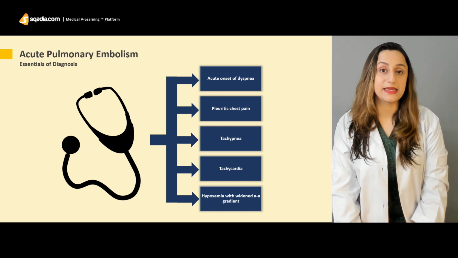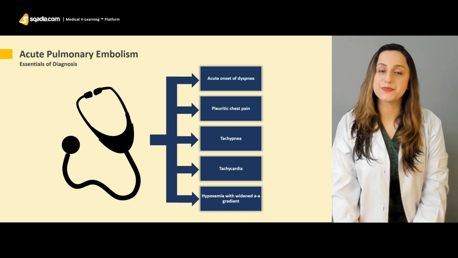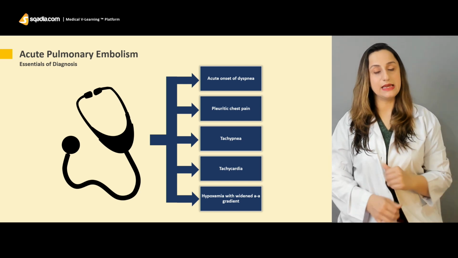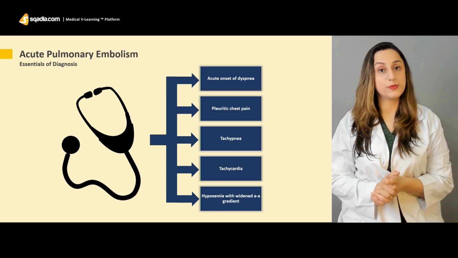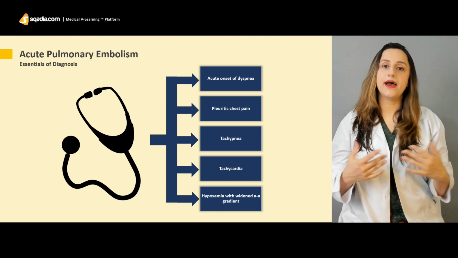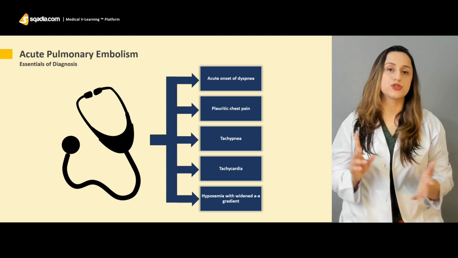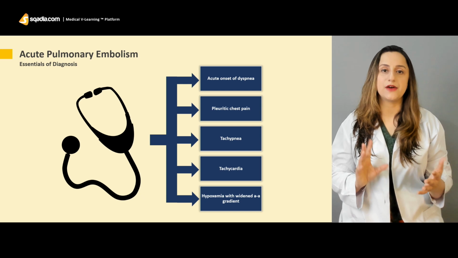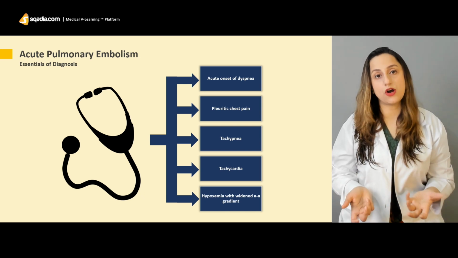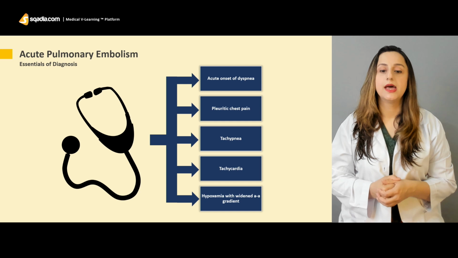Then we have tachypnea, that is an increased respiratory rate, which is usually seen in these patients of acute pulmonary embolism. We have tachycardia, which is usually associated with these features of dyspnea. The patient is going to have a dry cough, which is compensatory in its nature.